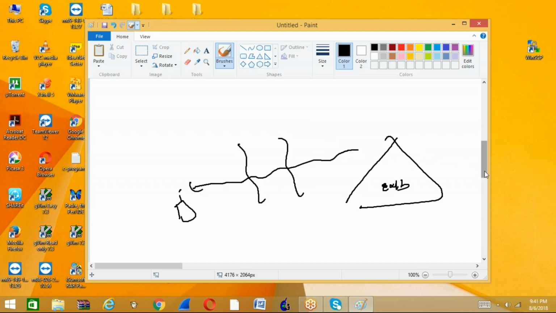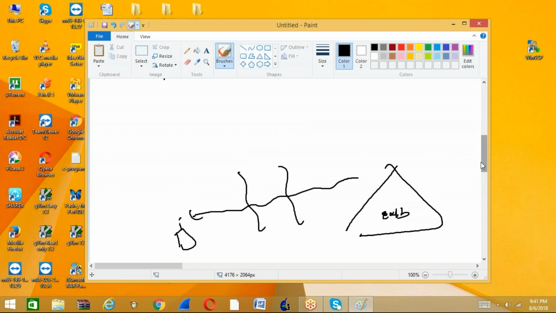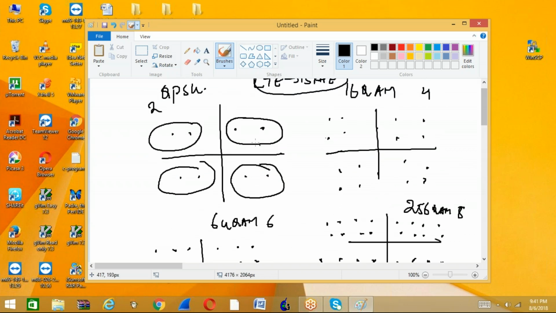Because of these losses, the transmitter transmitted this dot somewhere here, but while receiving it moved somewhere here, though in the given region only. So there was some phase shift. Little phase shifts will be there because of interference and losses.